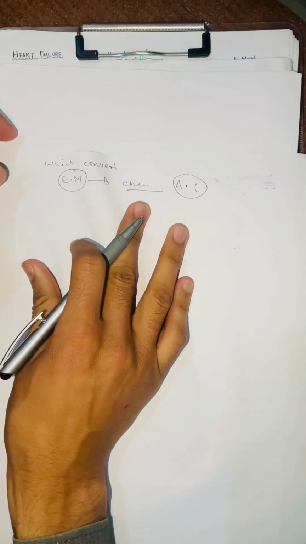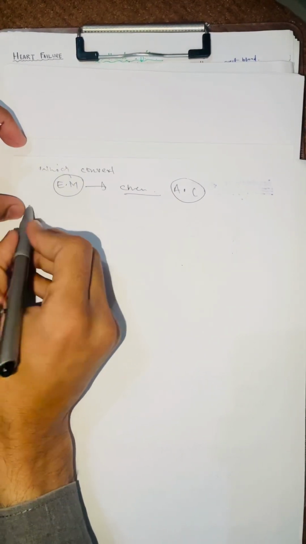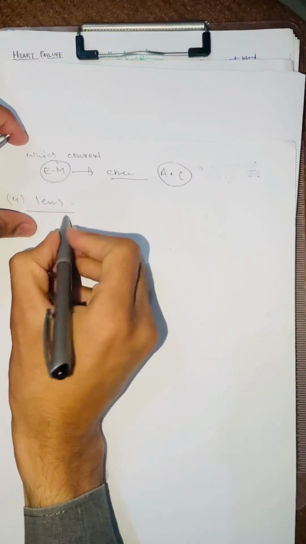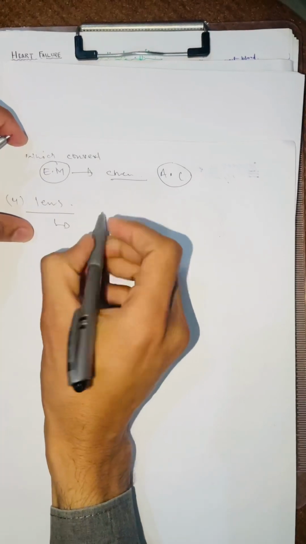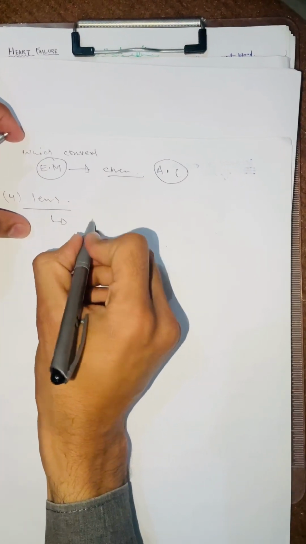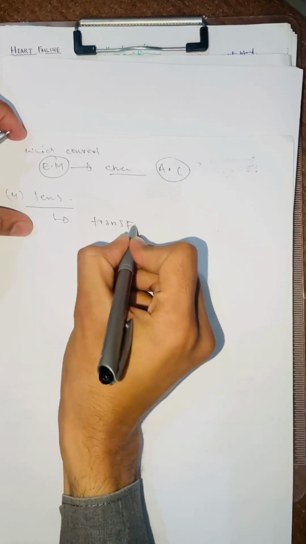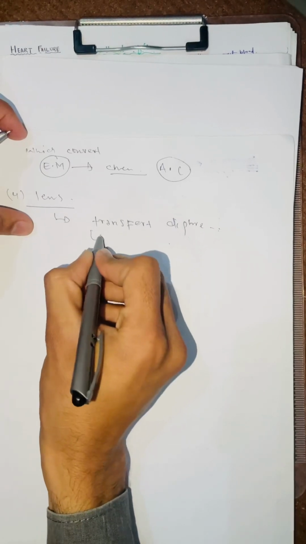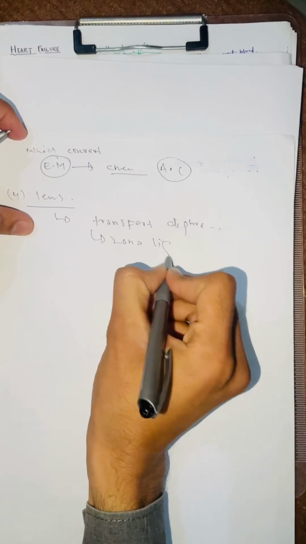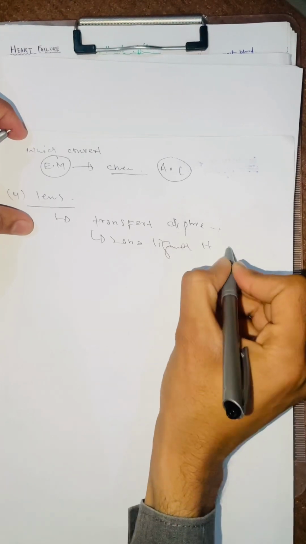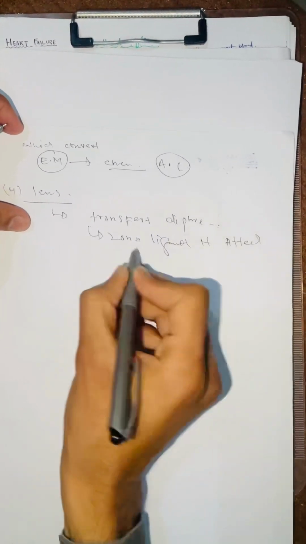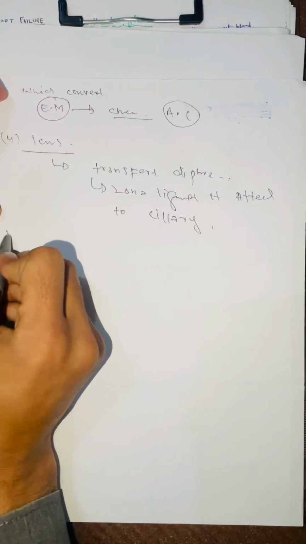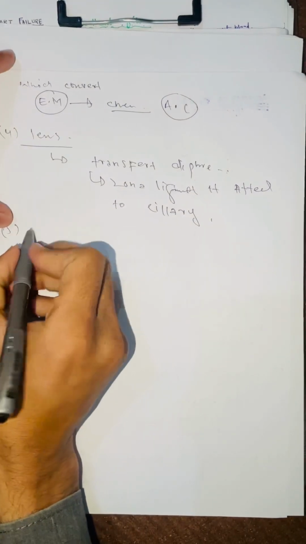Now we have to come to another part of the eye, which is the lens, which is basically a transparent diaphragm. With the help of the zonular ligament, it is attached to the ciliary body. Now we have to come to the chambers of the eye.